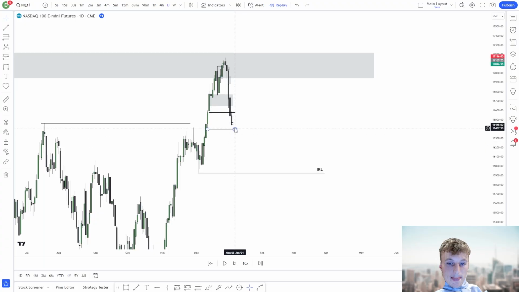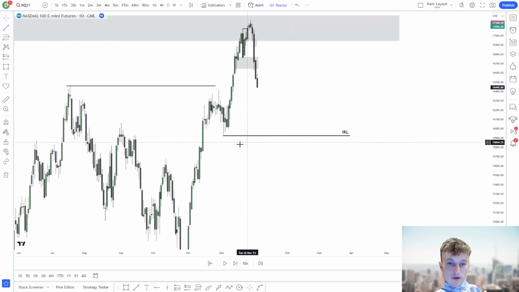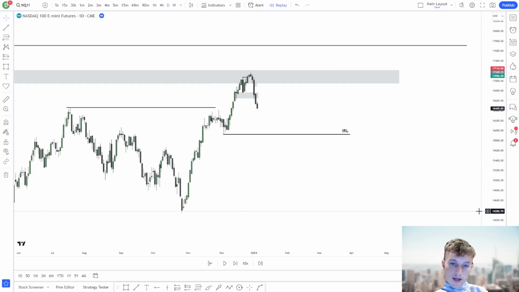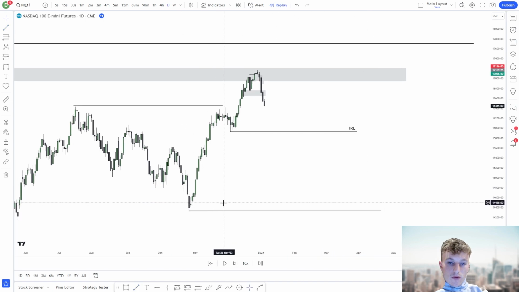So I think we're going to go back to this daily internal range of liquidity because we don't have any more daily liquidity here. We're delivering off a weekly external, and the market is going to want to price back to this IRL here. Where's external range liquidity? Right here. So we're not going to hit this unless we get something like this.